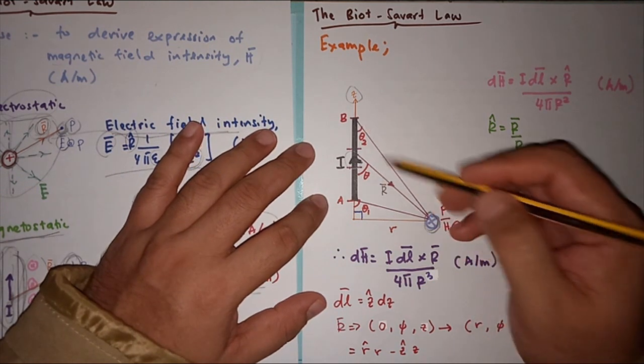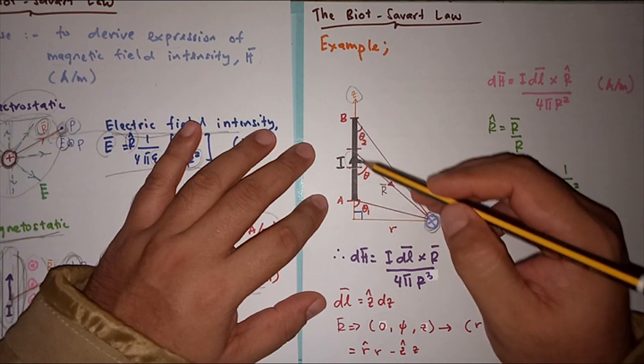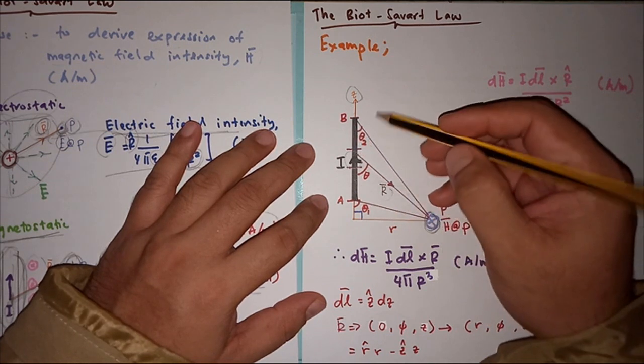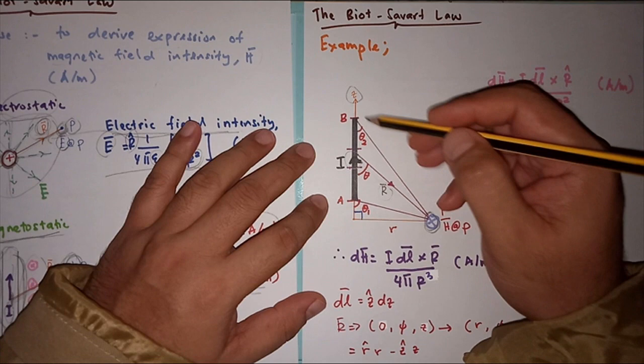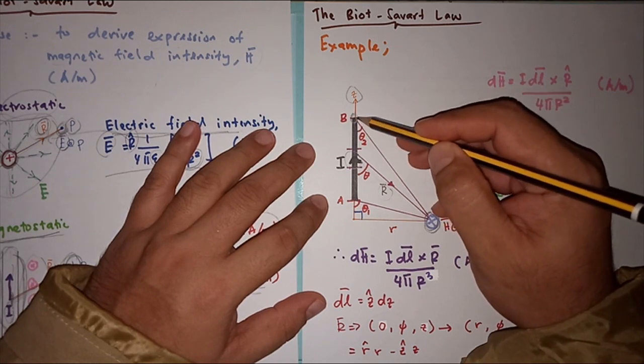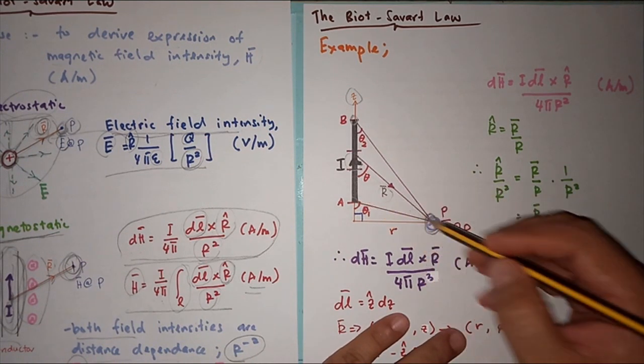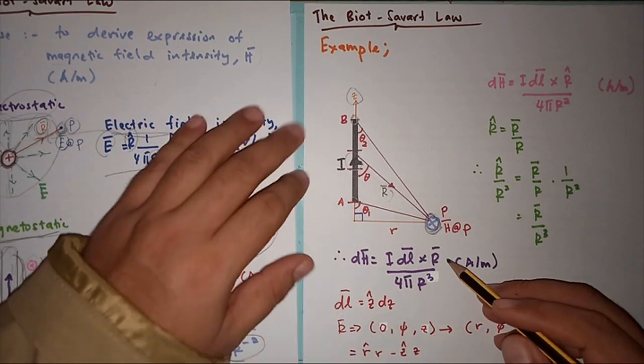So we have three vectors here. First, in the middle of this conductor, we have the vector r. We have other vectors given by the distance between the upper limit of the conductor and the test point, and the lower limit of the conductor and the test point.